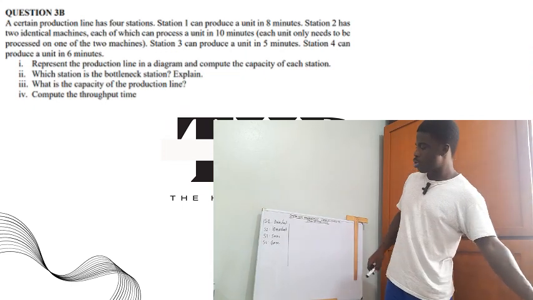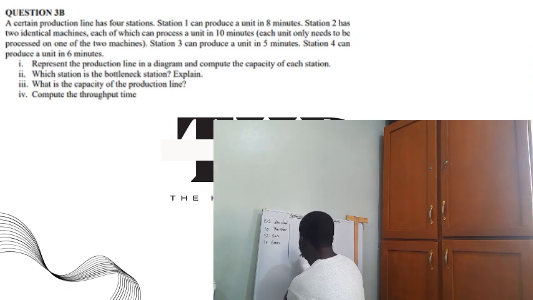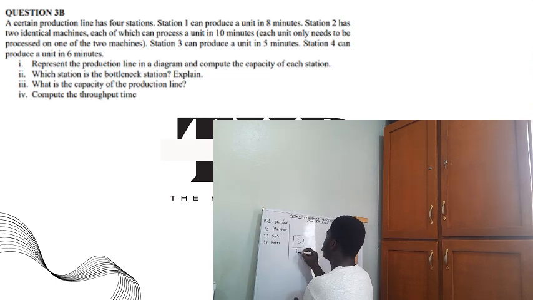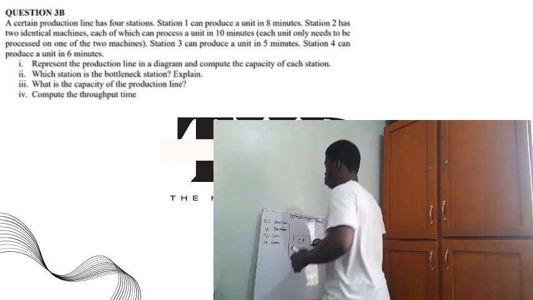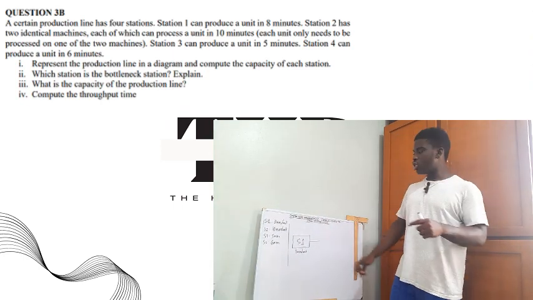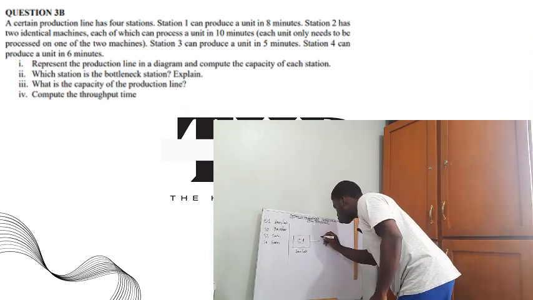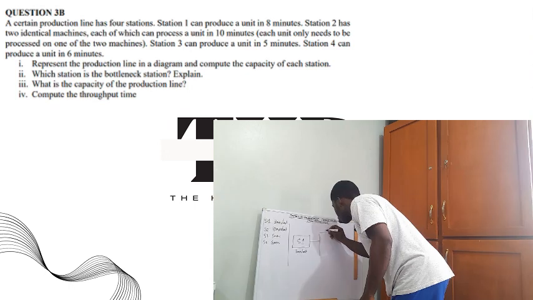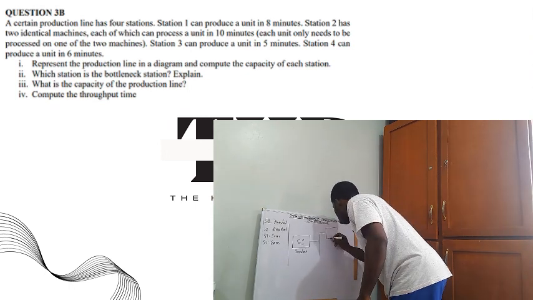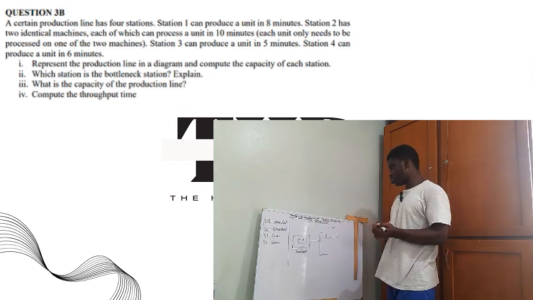So it's quite simple, right? You have station 1, and you indicate here 8 minutes per unit. And then station 2, remember, had 2 identical machines.